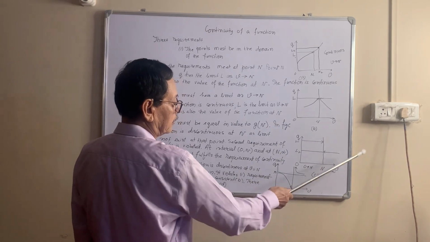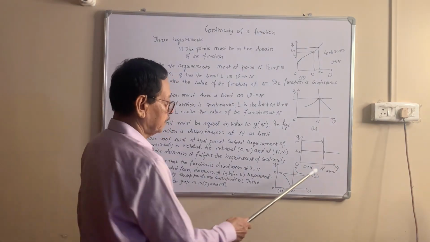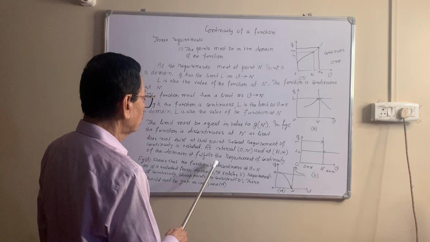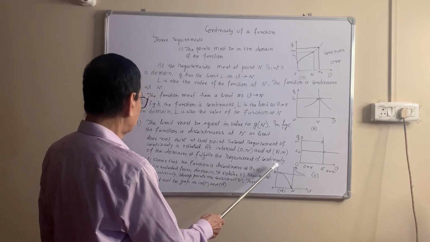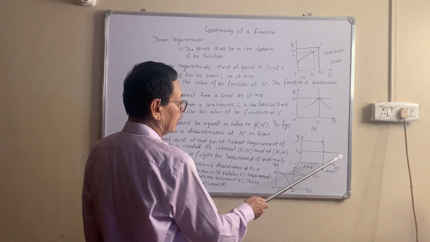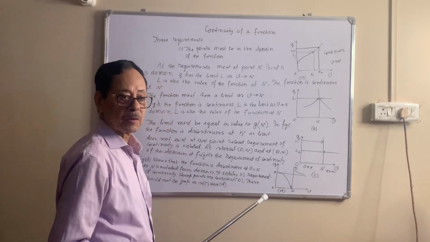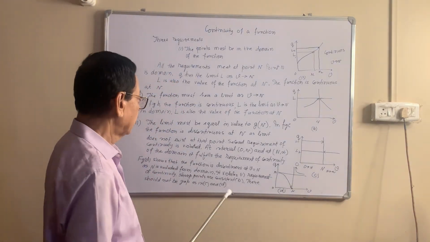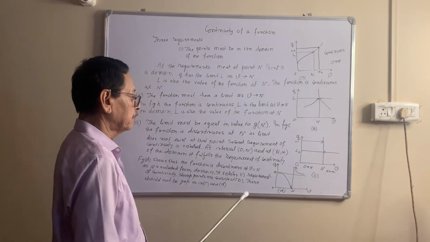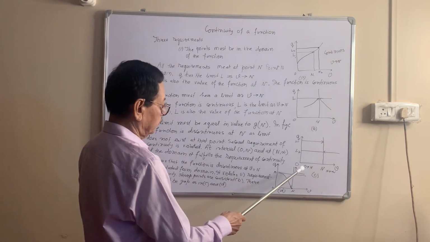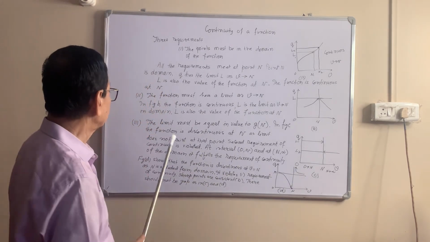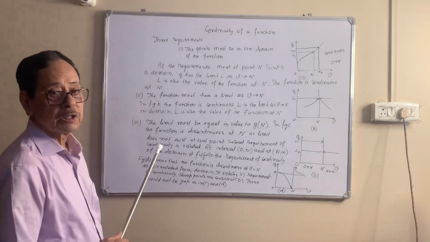When N is very, very large in the domain, it fulfills the requirement of continuity. So at very, very large N, almost infinity, it fulfills the requirement of continuity. But at a lower level, it does not fulfill the requirement of continuity. That means requirement 2 is violated.